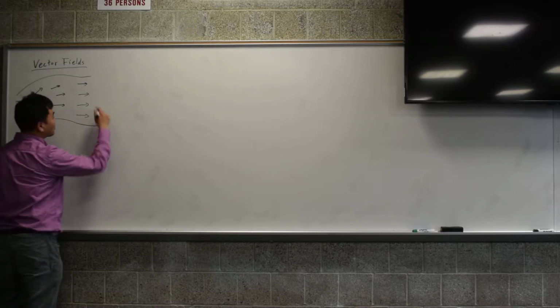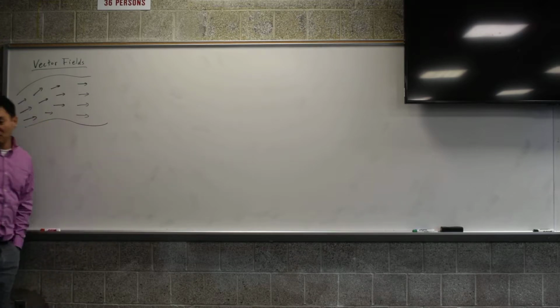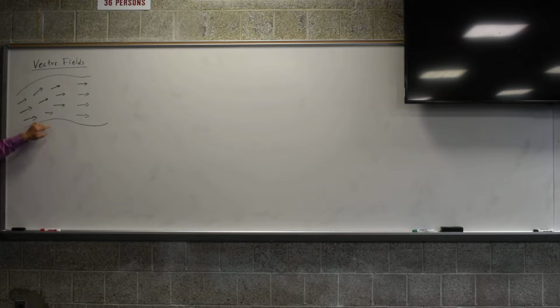When it narrows, the velocity will be faster. When it's wider, the velocity will be slower. And because velocity is a vector, that means if you have a steady flow, you have vectors at each point in this space. So that's one example.